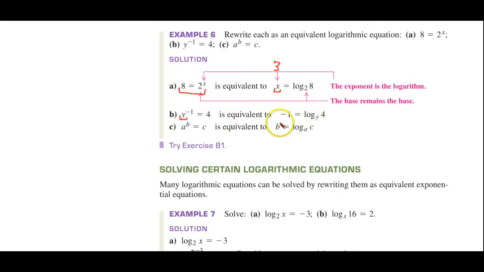And then again, here we're going to have our exponent, which is b, of base A. So it's the log, b equals the log of A, equal to c.